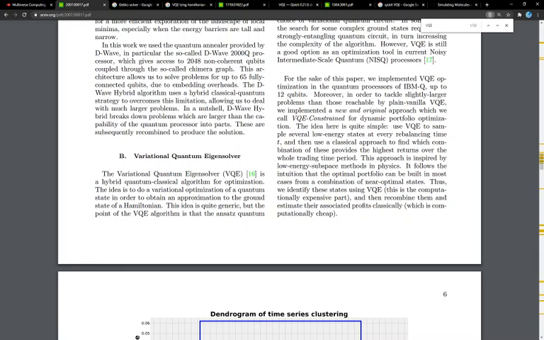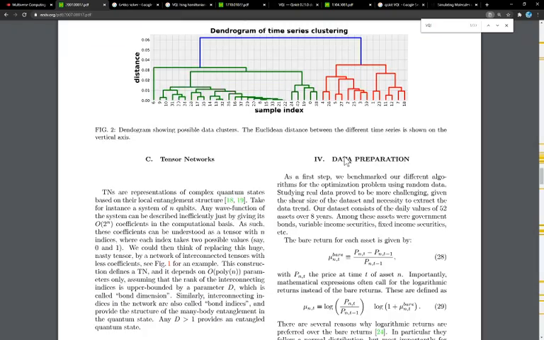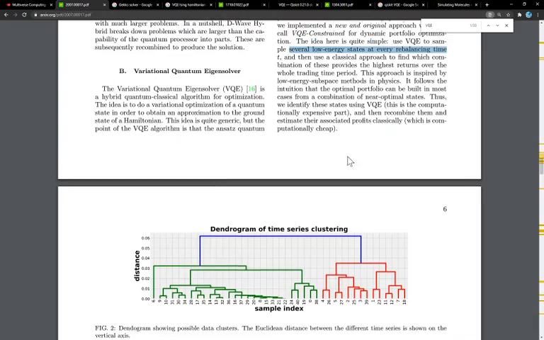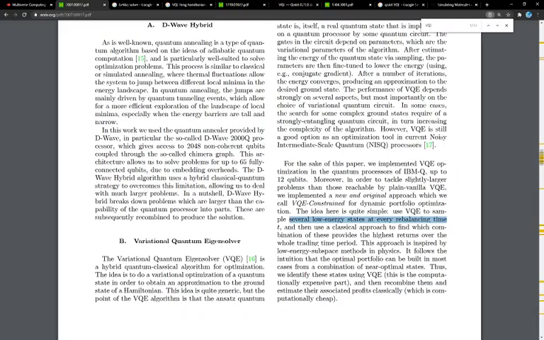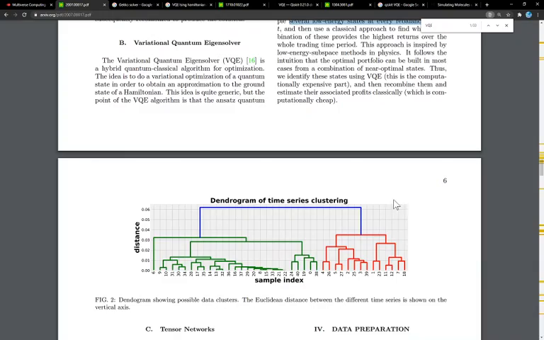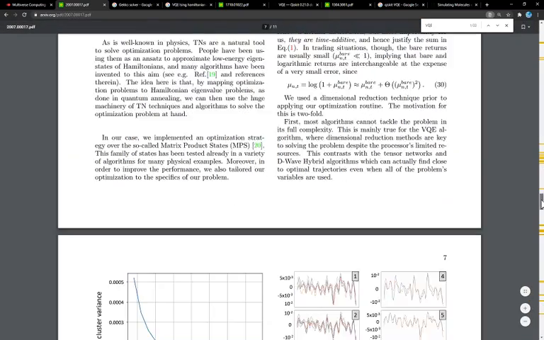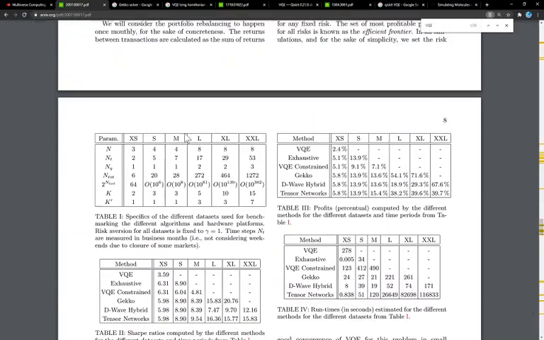I'm assuming it's a portion of the size.